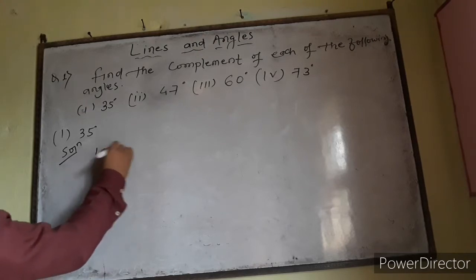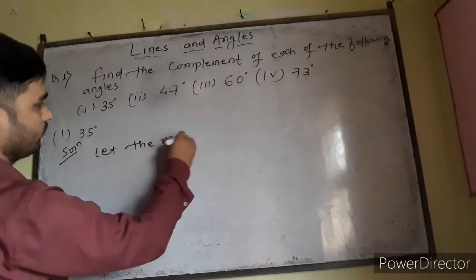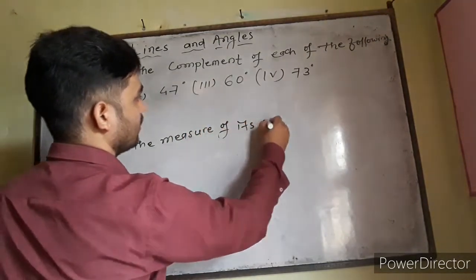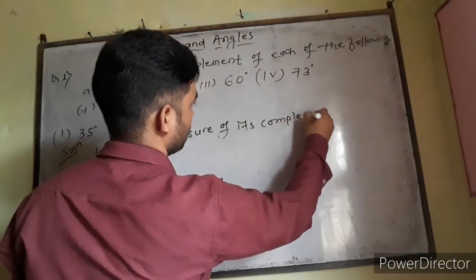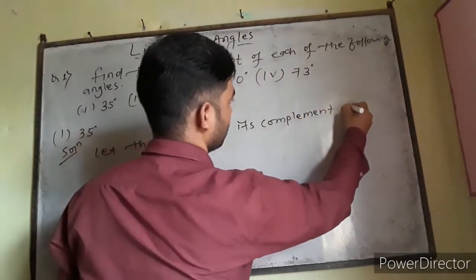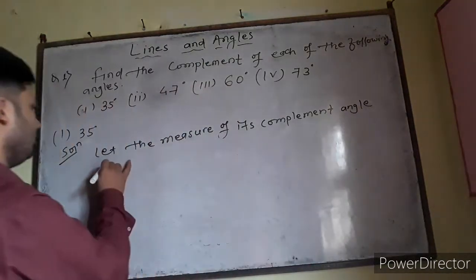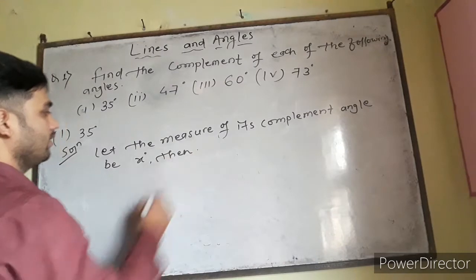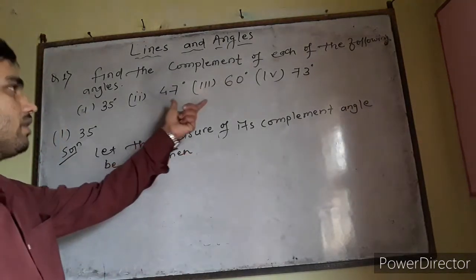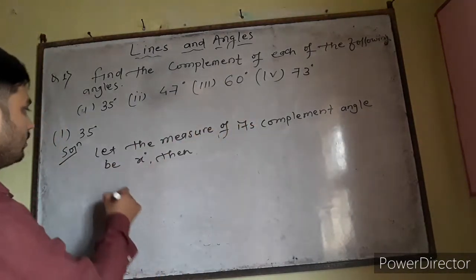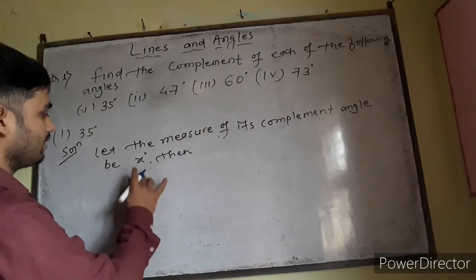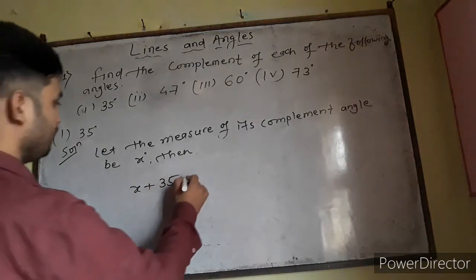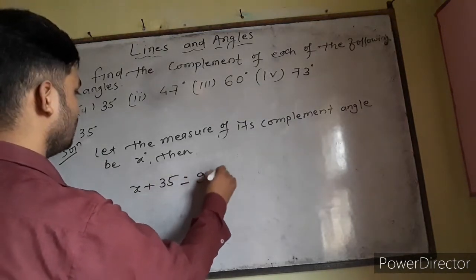Let the measure of its complement angle be x degrees. We know that complementary angles means the sum of two angles is equal to 90 degrees. So we can write x plus 35 is equal to 90 degrees.